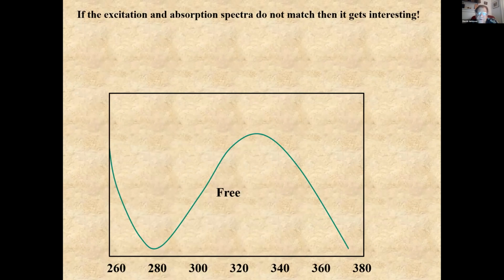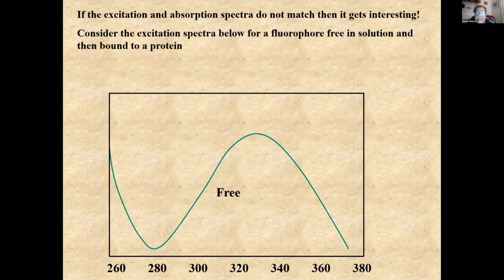Now, of course, if the excitation and absorption spectra don't match, then it gets interesting. For example, here's the excitation spectrum for a fluorophore free in solution. The emission spectrum, of course, would be out here to the higher wavelength. But in this case, suppose we look at the same excitation spectrum for this dye bound to a protein, we might see something like this.